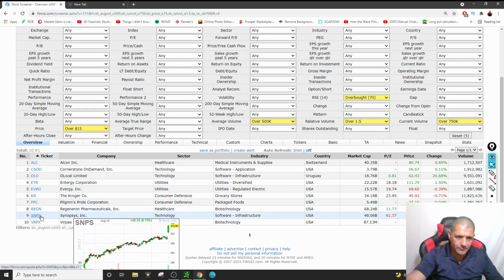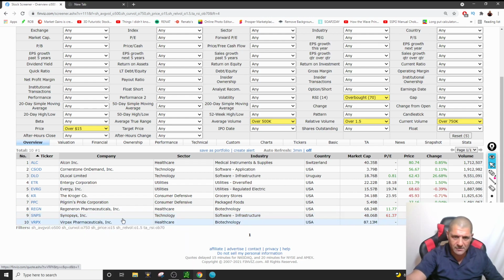Now S&PS looks like a technology company, software infrastructure. Infrastructure at the moment is going to be better if the new president gives this new infrastructure bill a go. If the new president gives a go on this infrastructure, we could make a lot more money. Now, at this point, S&PS is overbought, because everybody jumped on it.